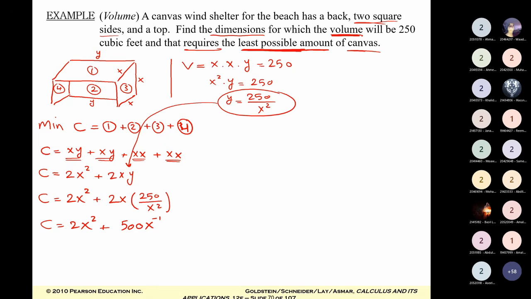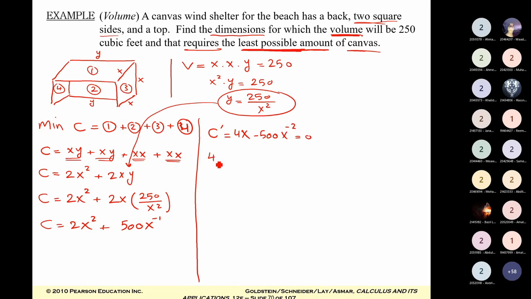Okay. Now we need to find the critical point. C prime equals 4x minus 500 x to the power minus 2. This is equal to 0.